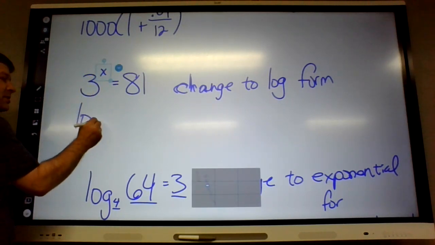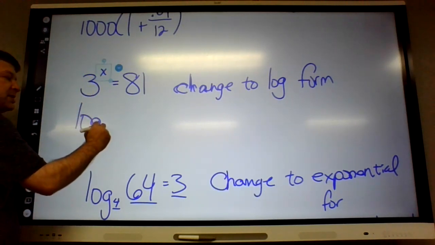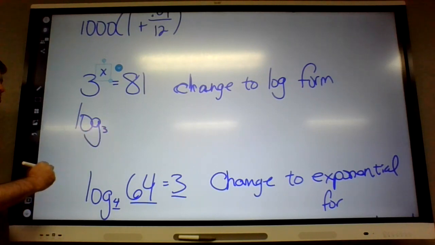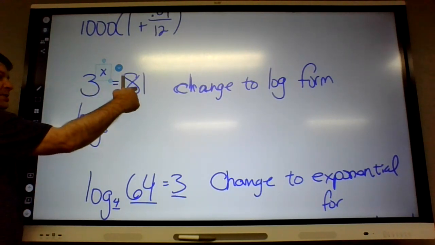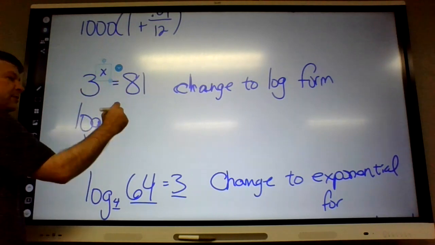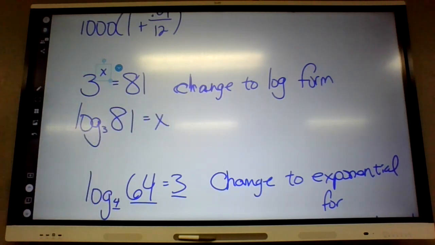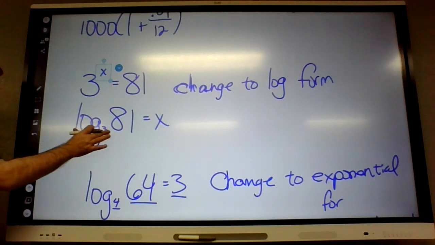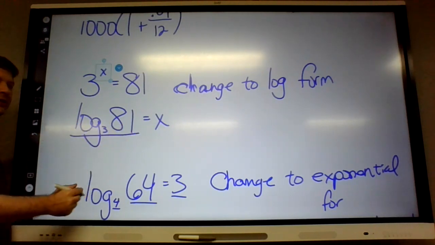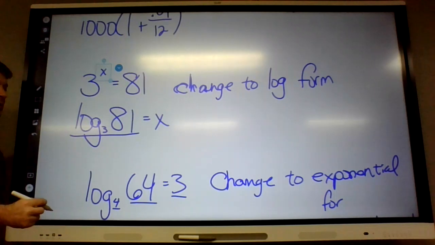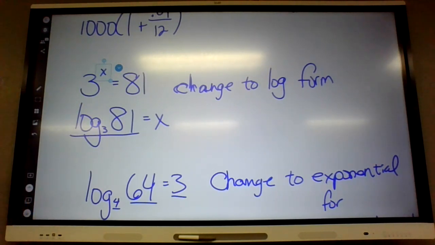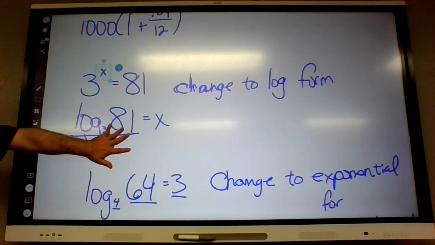So it's log base 3, and it's a-c-b, so base 3 of 81 would give you x. And then you guys recall, this is a button on a calculator, right? And if they asked us to solve it, we would just plug that in the calculator.